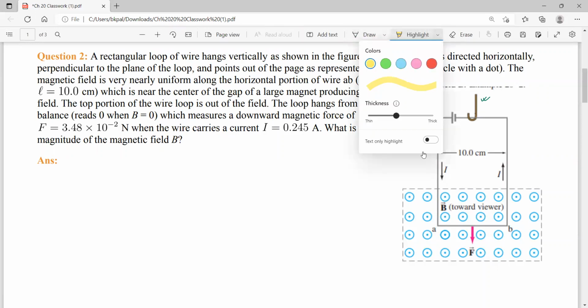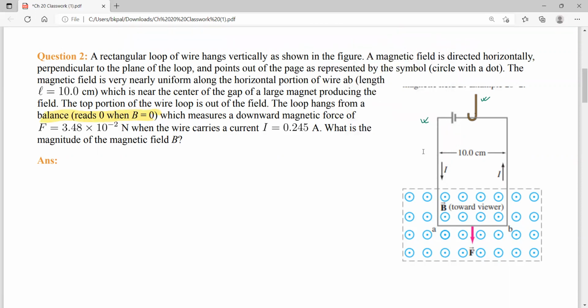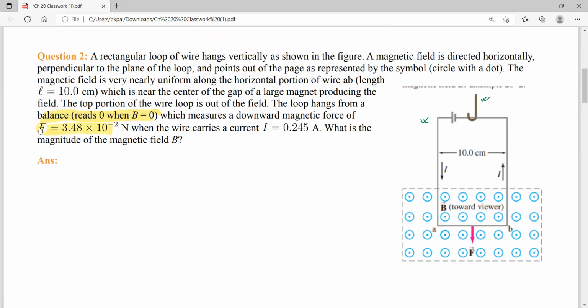When there is a magnetic field, it shows the force is equal to this, and when the current in the loop is this.